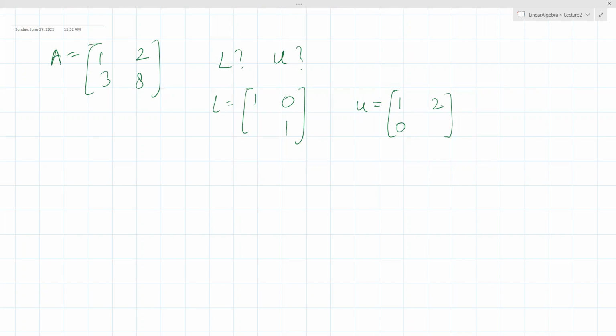From the first row, we do not eliminate any elements, so the first row stays as it was in A. Now what do we have to do to eliminate the first element 3 from this equation? Multiply with minus 3. What will be my L21? It will be 3. So this will become, sorry, minus 3. Hold on a minute.